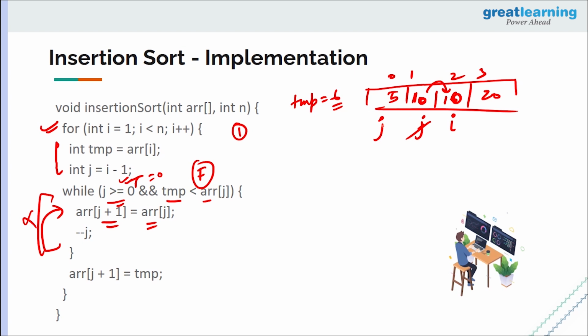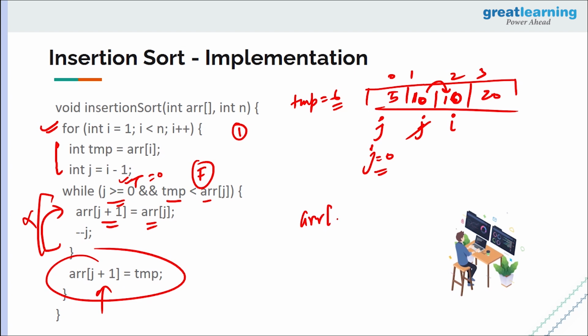Now this time around, j is still at 0, right? In the second iteration, j is at 0. Now we'll be using this last step that is over there. We are just doing j plus 1, that is 0 plus 1. At this index, please store temp. That means ARR of 1. That means we are talking about this position, where earlier we had 10, and now we want it to have this 6.